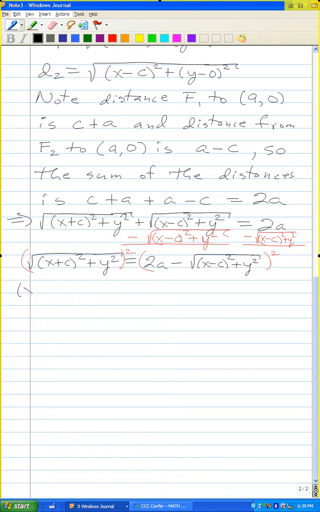So I get (x plus c) squared plus y squared is equal to, well, it's a perfect square trinomial: 4a squared minus 4a times the radical of (x minus c) squared plus y squared, plus (x minus c) squared plus y squared. So let's multiply this out.